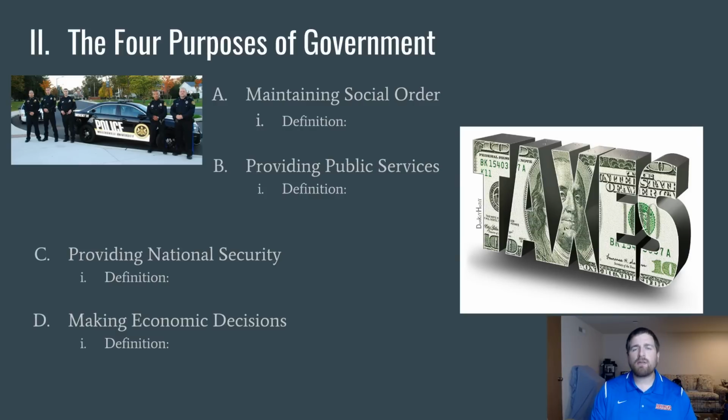And lastly, government is in charge of making economic decisions. And that means they control the economy and they make decisions concerning money. The most hated decision they make concerning money is taxes. How much you pay in taxes, what that tax money goes towards, so on and so forth. Economics is going to be something we spend the entire fourth quarter on.